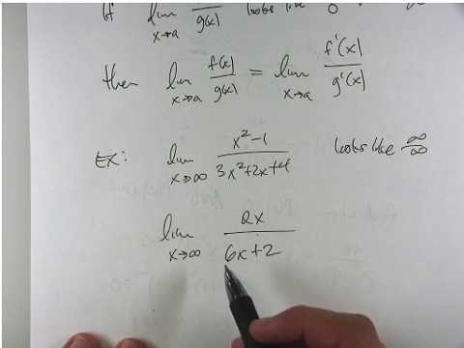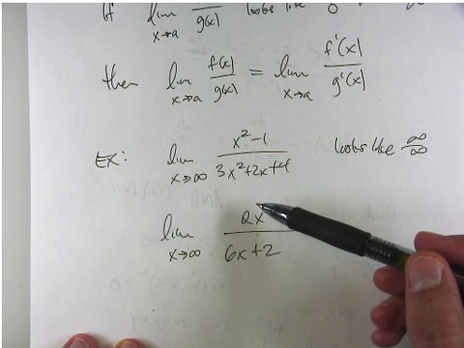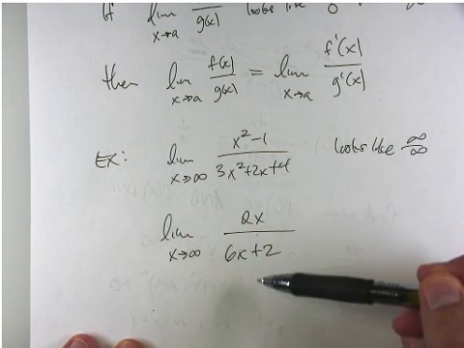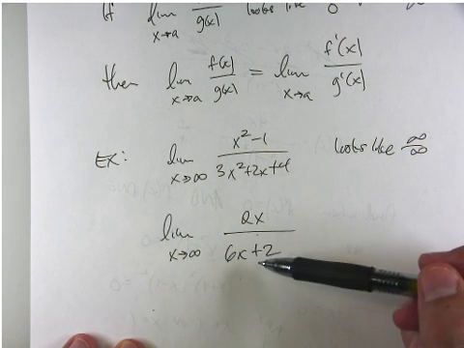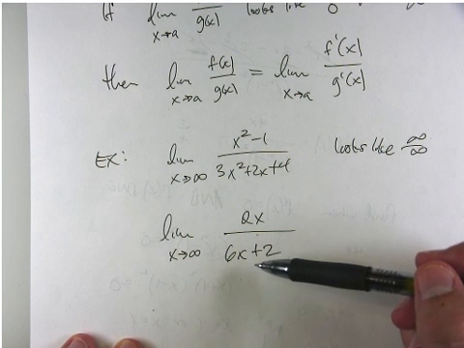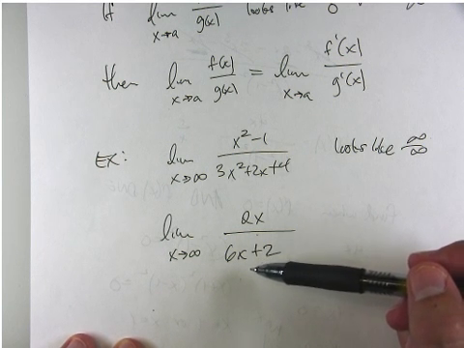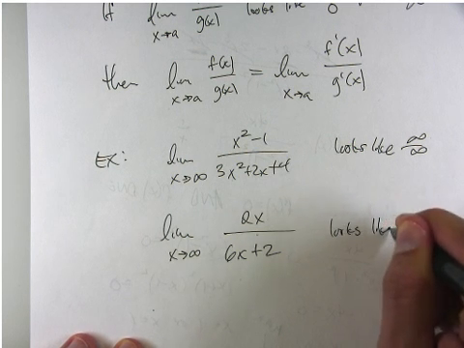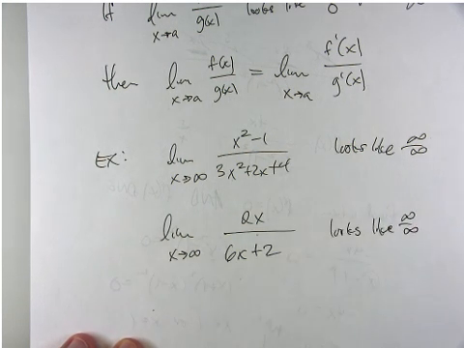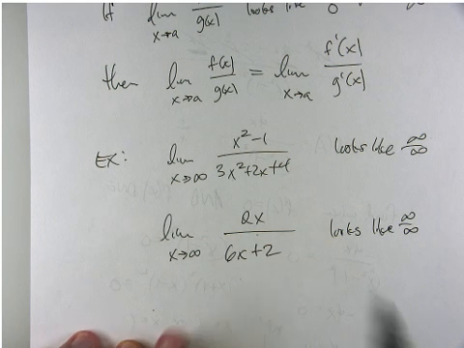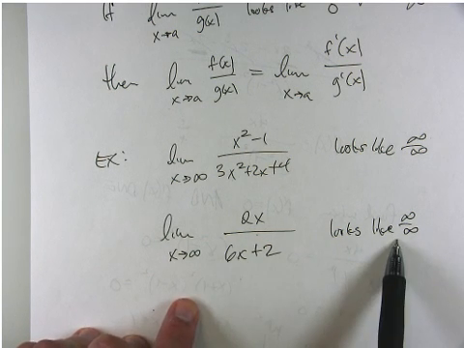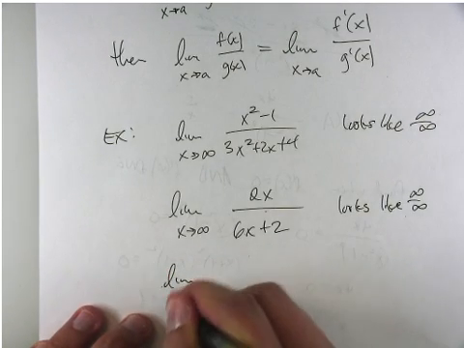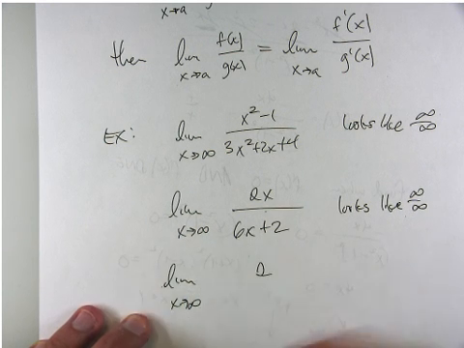You will note again that this is not the way that we take the derivative of functions. We have to use the quotient rule for that, the low d high minus high d low stuff. You'll notice also that this still looks like infinity over infinity. But I know how to do this type of thing. L'Hopital says, take the derivative of the top, divide by the derivative of the bottom.